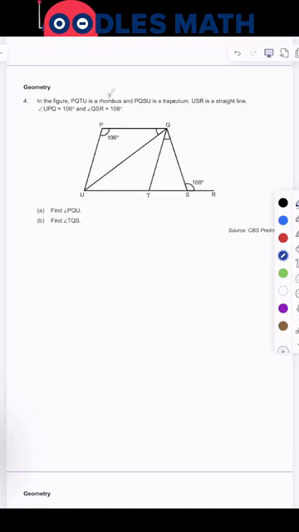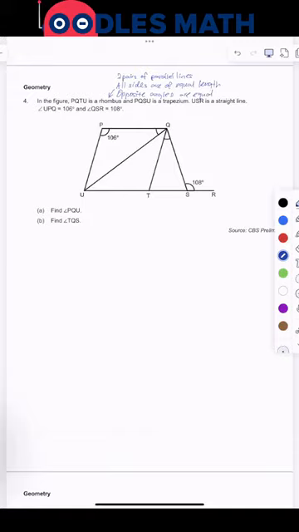It has two pairs of parallel lines, and we all know that for a rhombus all sides are of equal length, and we also know that the opposite angles are equal. So these are the properties of a rhombus.